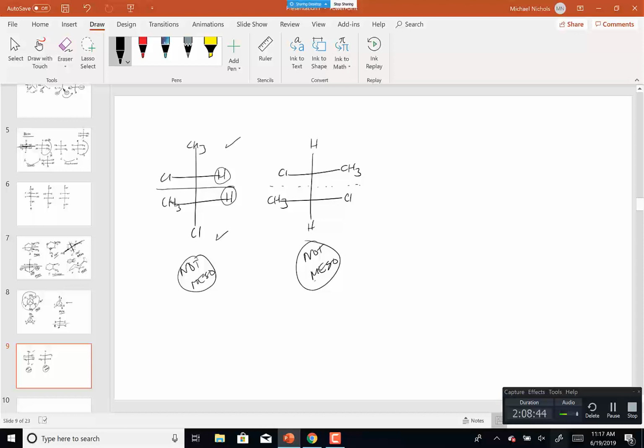So that means I lined up these 2 hydrogens, but I can't line up the other 2 sets of groups. Or they're the same not-meso compound.